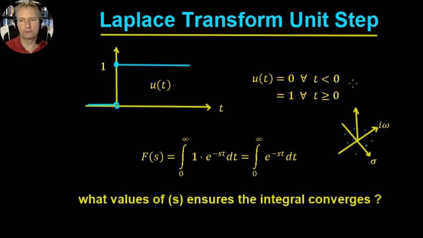It doesn't converge. So we want to find the area in this complex plane that ensures that this integral doesn't go off to infinity. That's what determines the region of convergence. So let's go ahead in the next slide and we'll see how to work out this region of convergence.